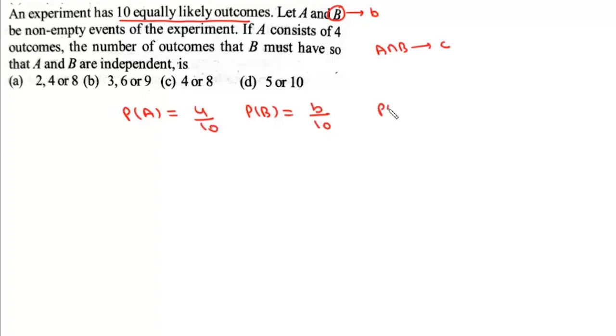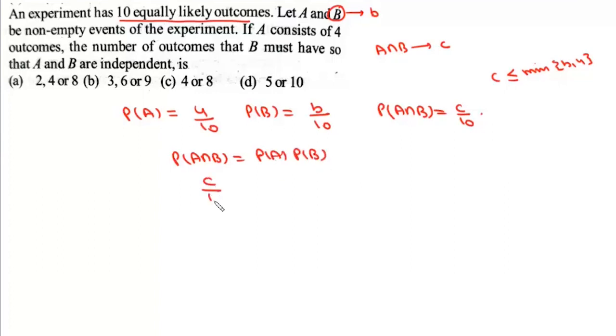So probability of A intersection B is C by 10, and this C is less than or equal to minimum of B and 4. Now if they are independent, then P(A intersection B) is equal to P(A) into P(B).